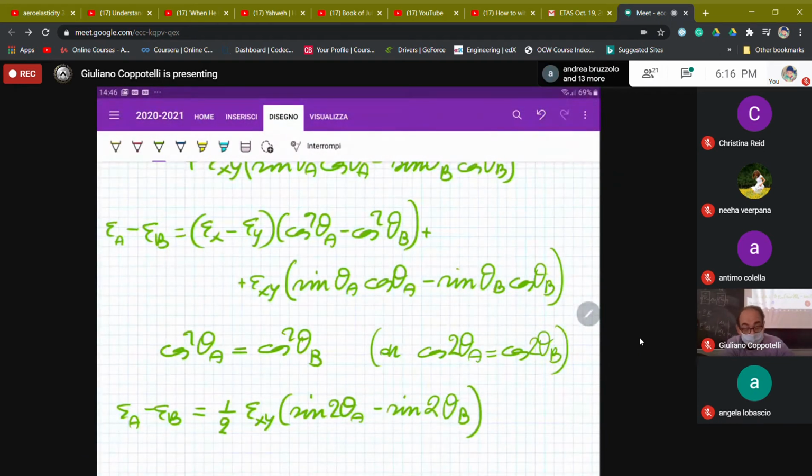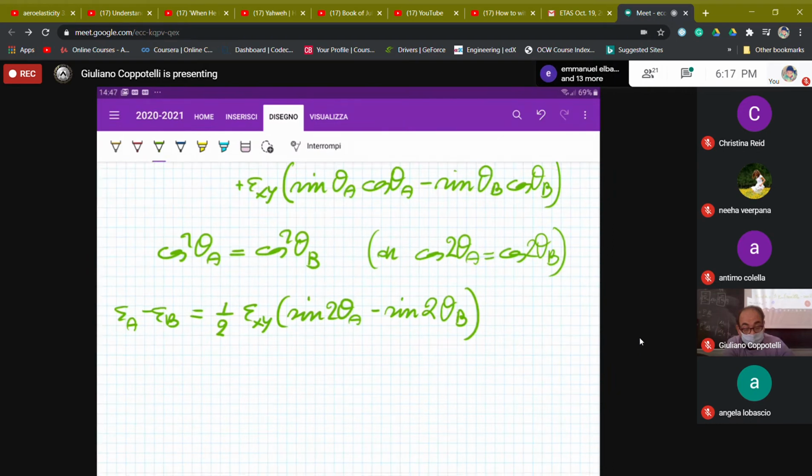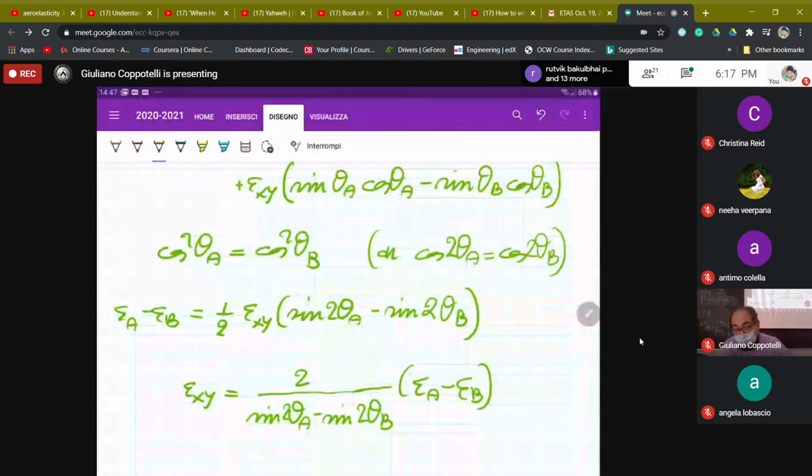And so your epsilon xy is equal to 2 over (sine 2 theta A negative sine 2 theta B) times (epsilon A negative epsilon B).